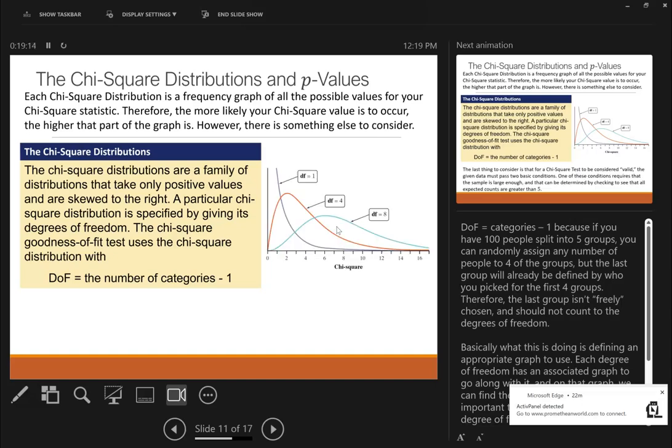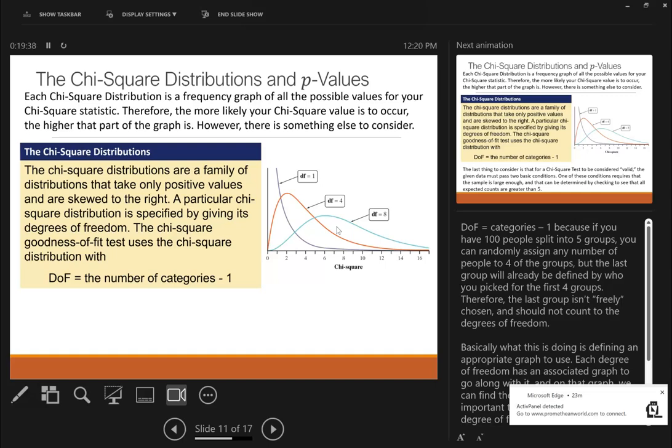So pictorially, the graph here on the left, I guess it's your right, shows the chi-squared distribution with different degrees of freedom. That purple curve is for 1 degree of freedom, the red curve is for 4, the green curve is for 8.